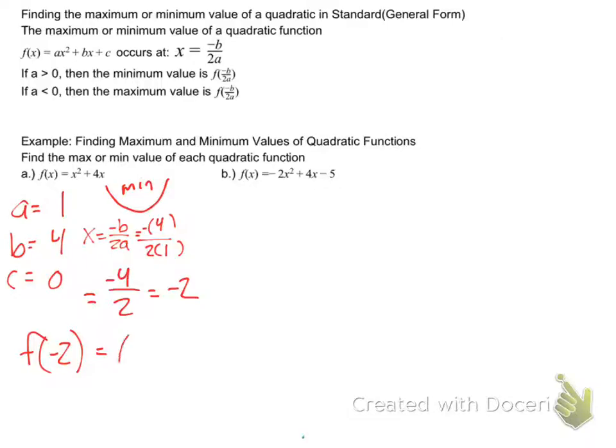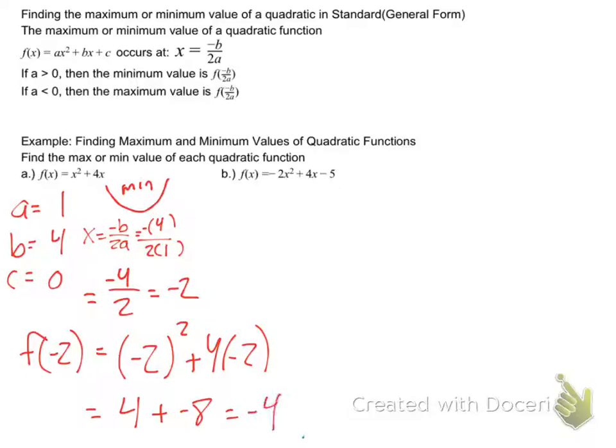So I get negative 2 squared plus 4 times negative 2, which happens to be negative 2 squared plus a negative 8, or just minus 8, which equals negative 4, correct.